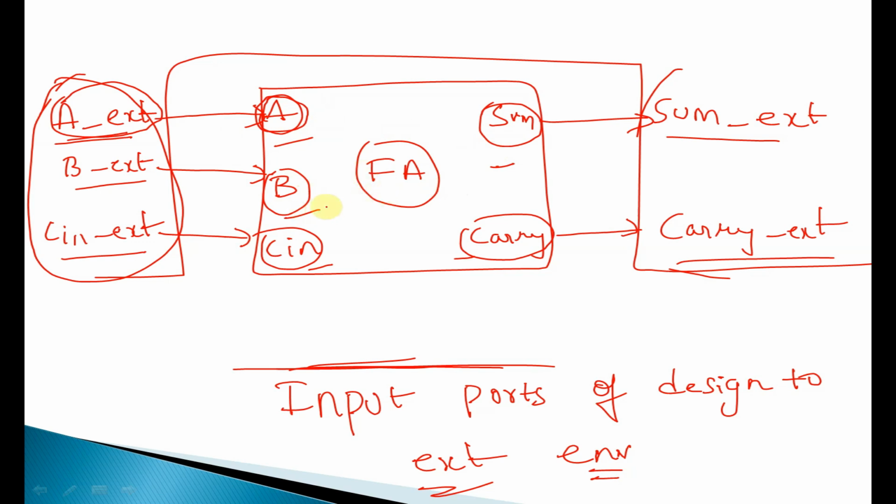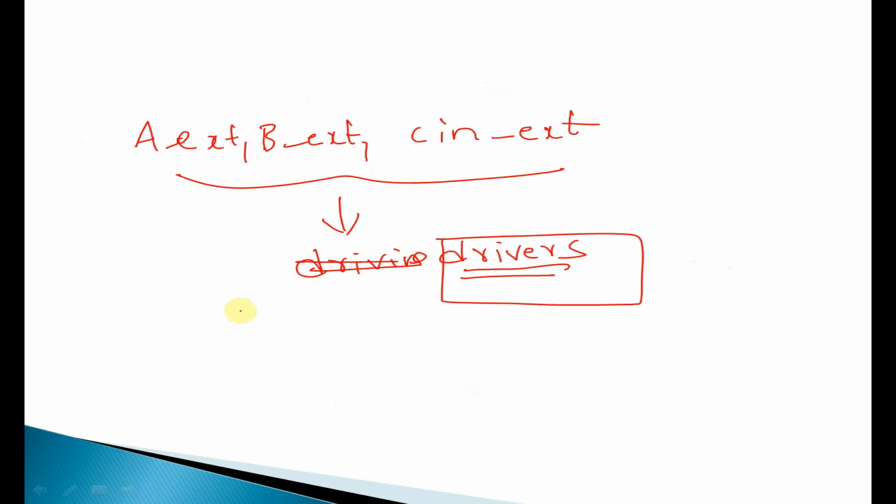So something is providing me the input, so it is called a driver. So this is my input port to my design. A is my input port, B is my input port, C is my input port. So to these input ports, you are going to get some value. So for your full adder, A, B, C are my inputs, so you should get some value, right?